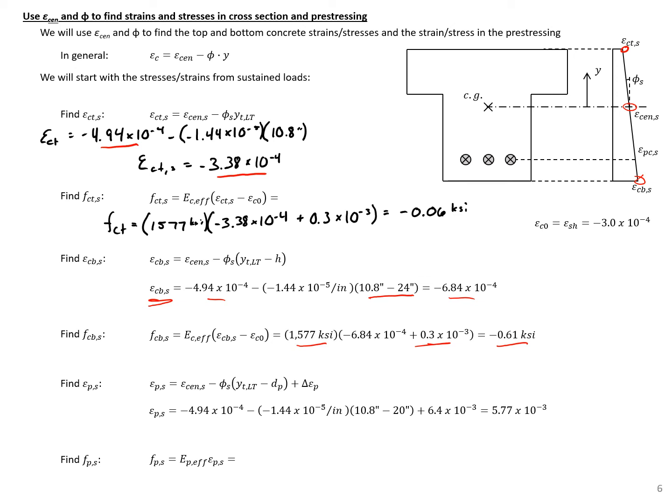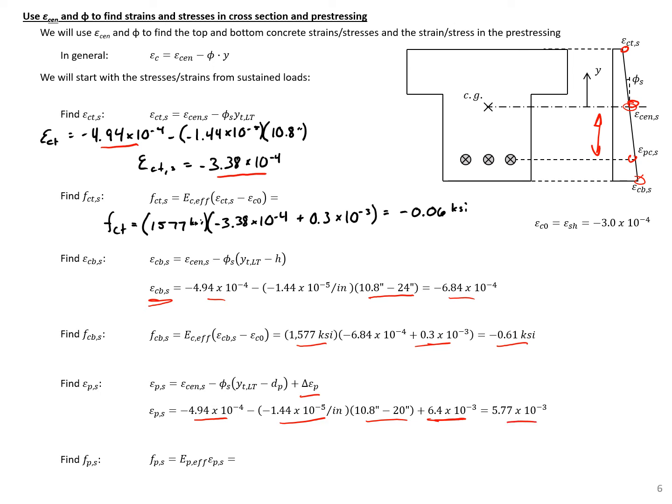And then we can do the same thing with our pre-stressing. So the strain at the centroid minus our curvature times the distance between the centroid and our pre-stressing. We have a negative distance here, 10.8 minus 20. And then here we need to add in that locked-in strain differential, delta epsilon p, to give us our final strain.